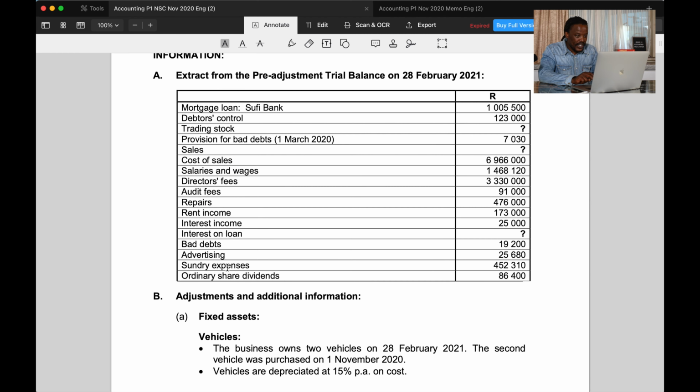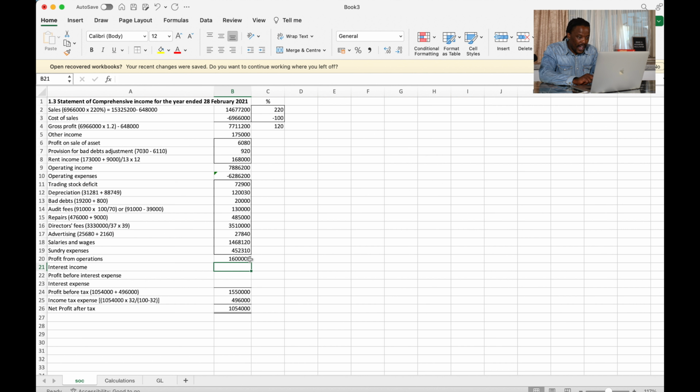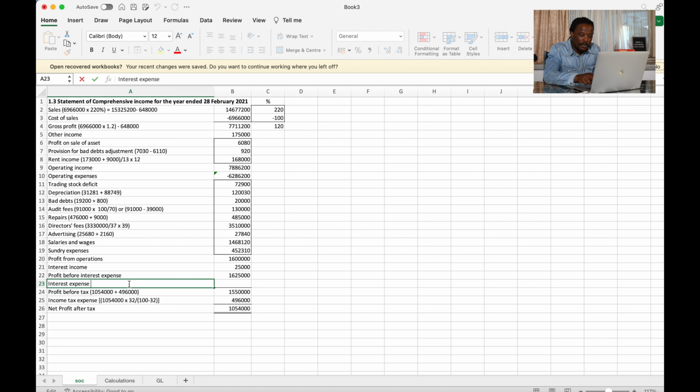Now, interest income, also you look at your pre-adjustment trial balance and see if anything was given on interest on loan. It's a question mark, but interest income was given as 25,000. And remember that this plus interest income gives us the profit before interest expense.